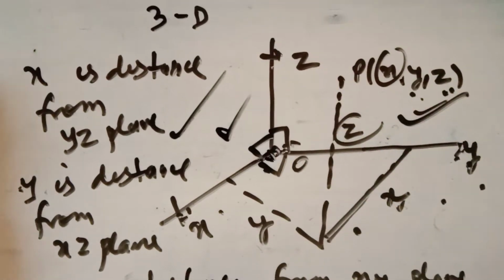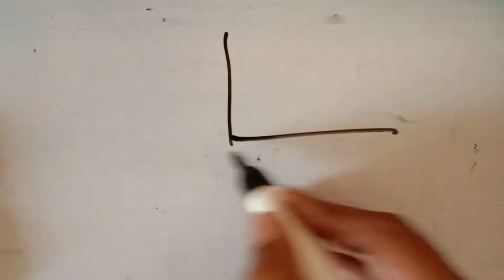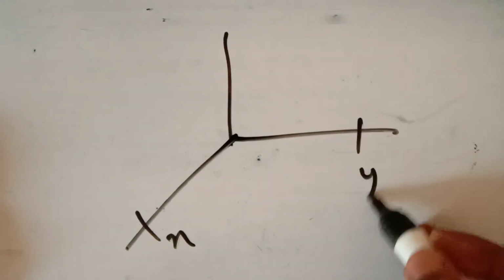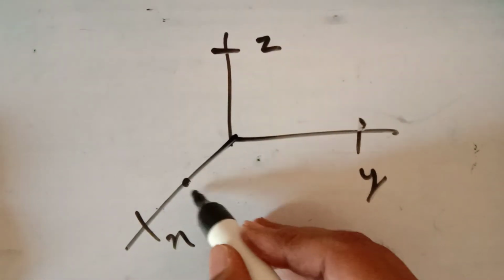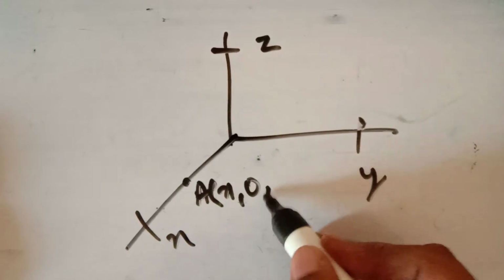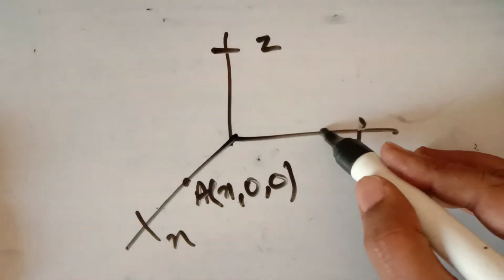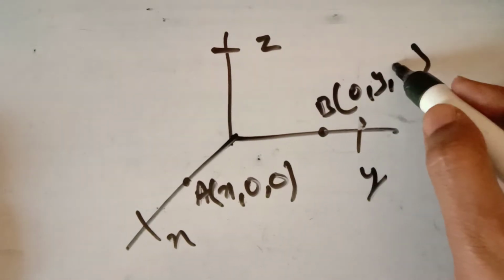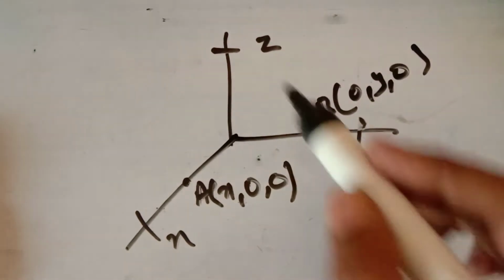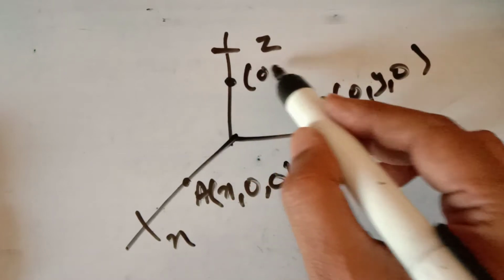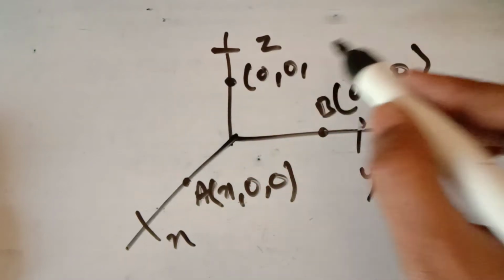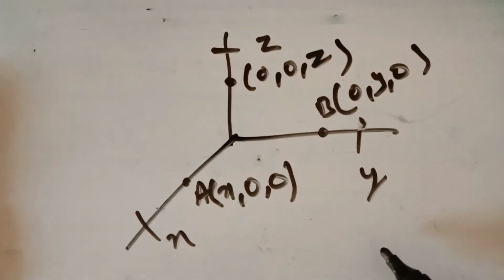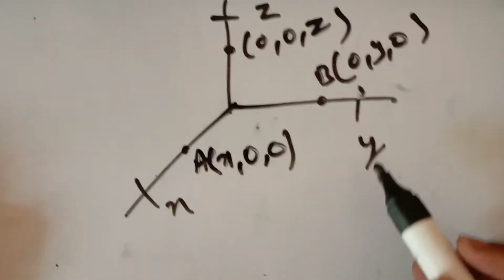If you take any point on the x-axis, its coordinates will be (x, 0, 0), that is, the y and z coordinates are 0. If you take any point on the y-axis, it will be (0, y, 0), that is, the x and z coordinates will be 0, and any point on the z-axis is taken as (0, 0, z), that is, the x and y coordinates are 0.